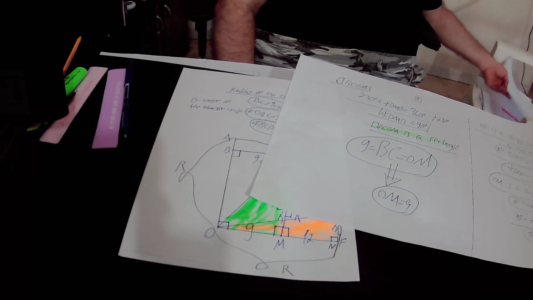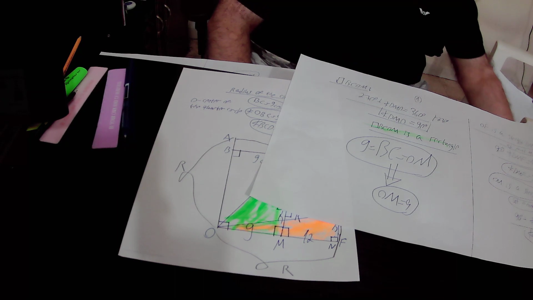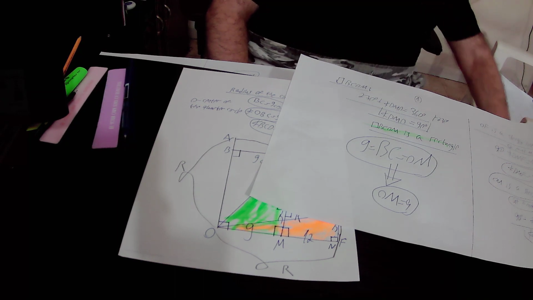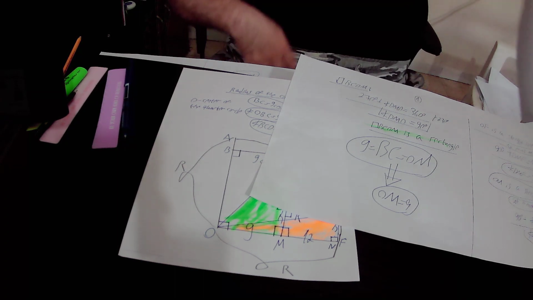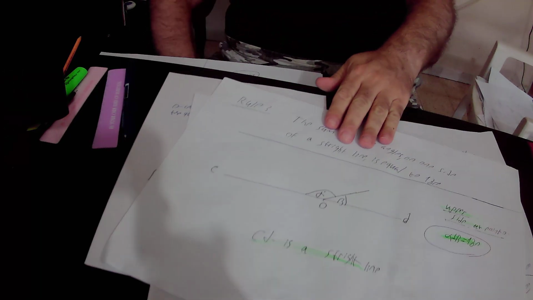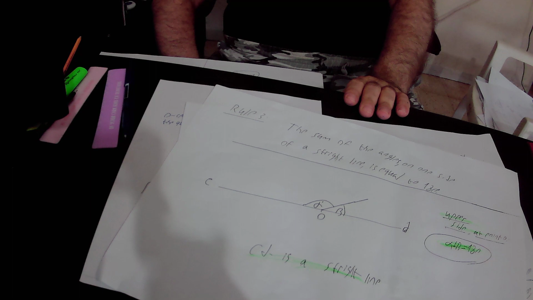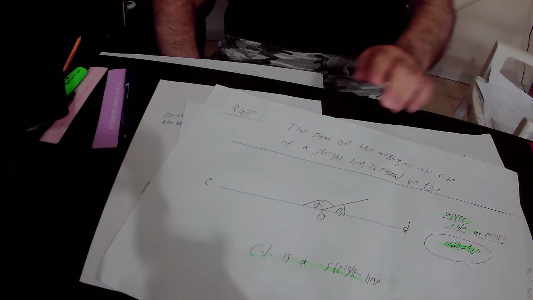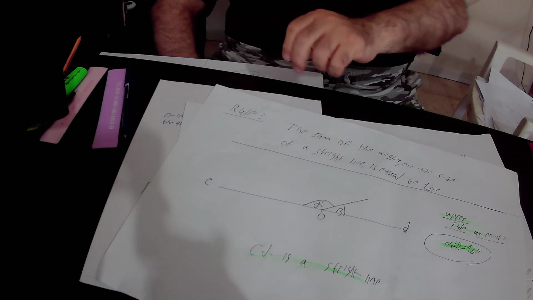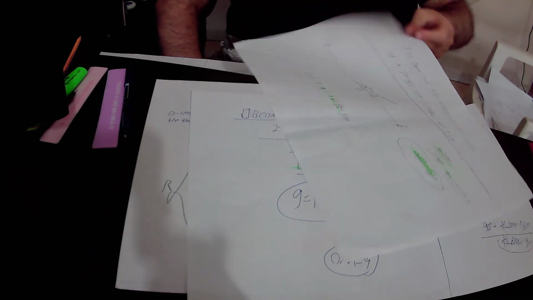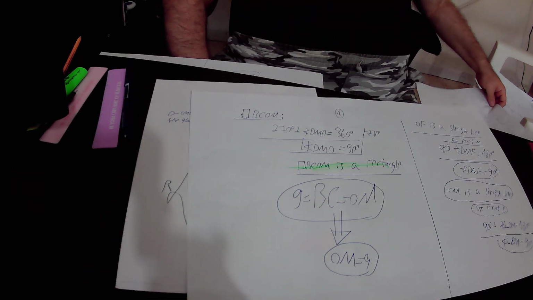According to rule number 3, which states that the sum of the angles on one side of a straight line is equal to 180 degrees, here alpha plus beta equals 180 degrees. We can implement this rule in our drawing.